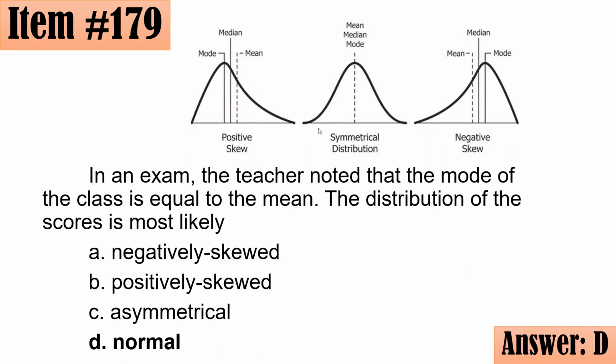Tandaan po natin, in a symmetrical distribution such as your normal curve, all the three measures of central tendency are equal. That is, the mean, median, and mode are all equal and all are found at the center of your distribution.